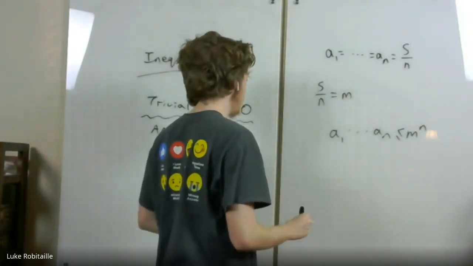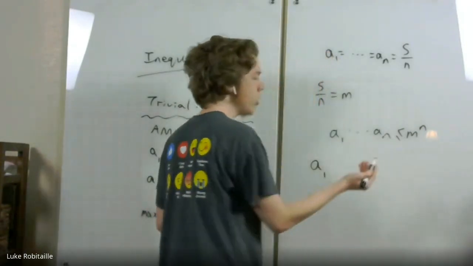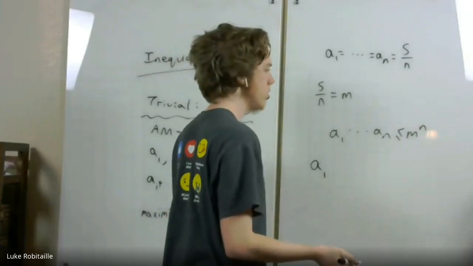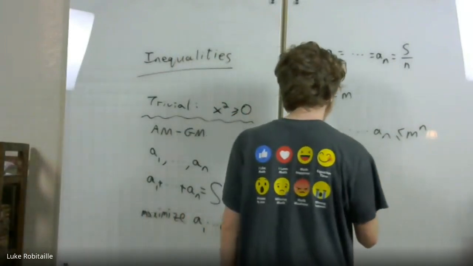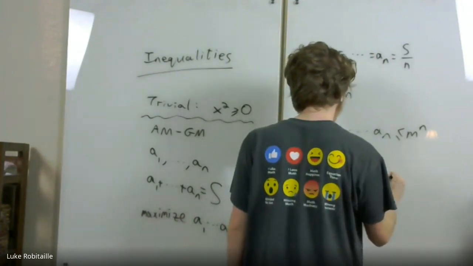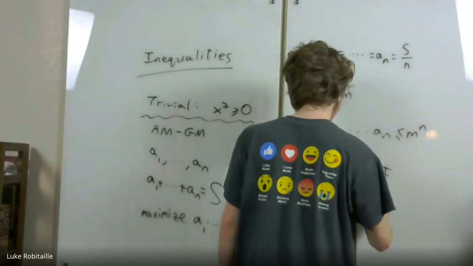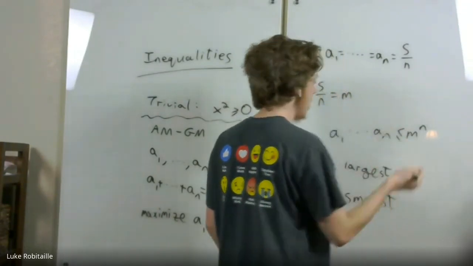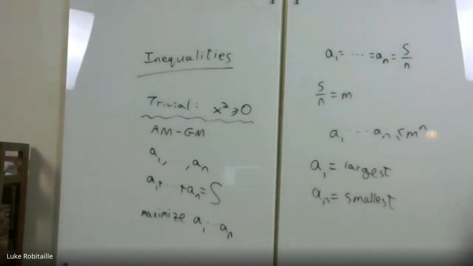Since it's all symmetric, we can assume without loss of generality that a1 is the largest and an is the smallest among the a_i, or at least tied for largest and tied for smallest.